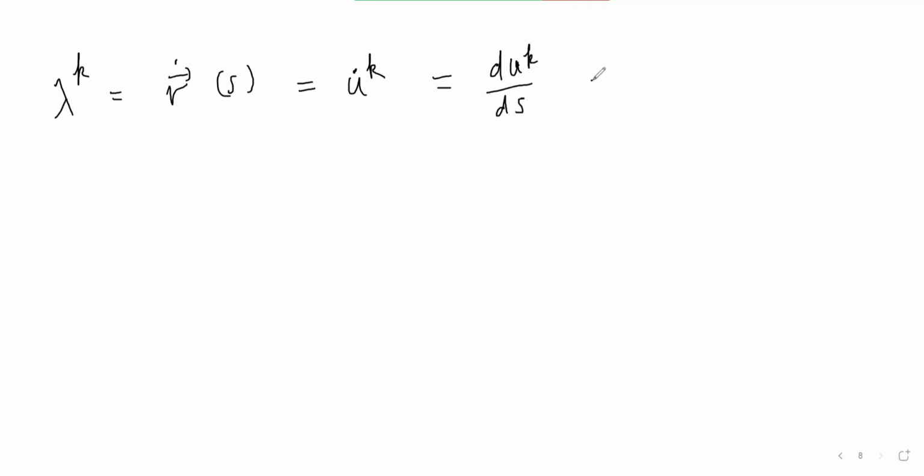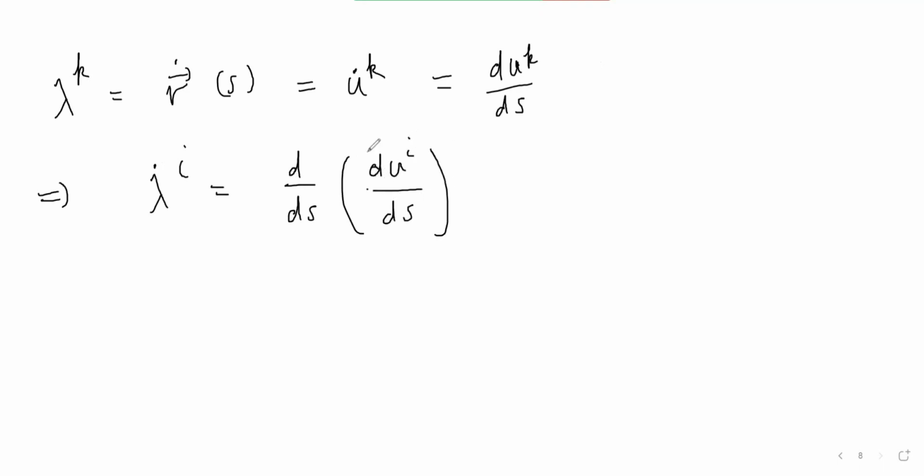Obviously this implies that if you have lambda I and you differentiate lambda I with respect to s, you get the following. Lambda I is the derivative of ui with respect to s.